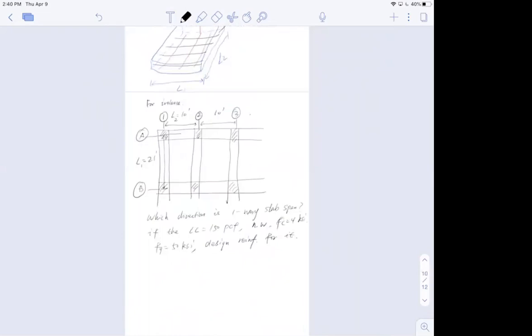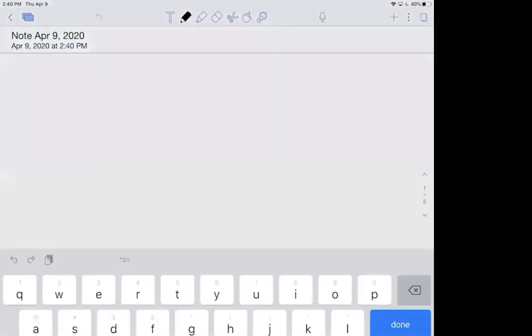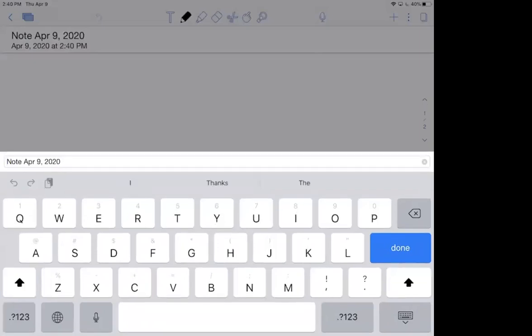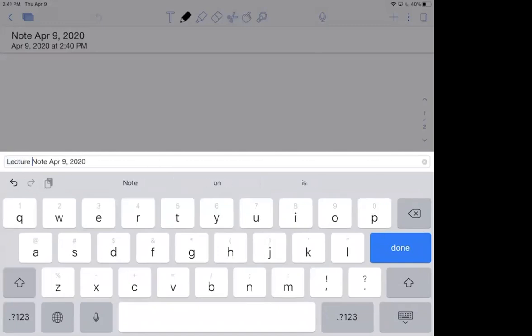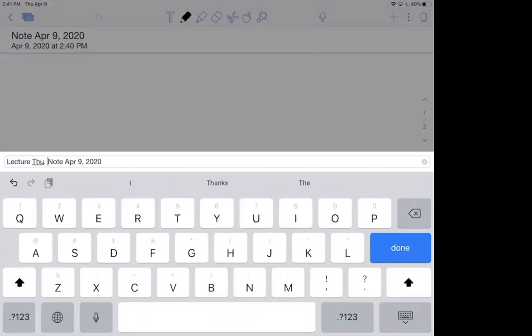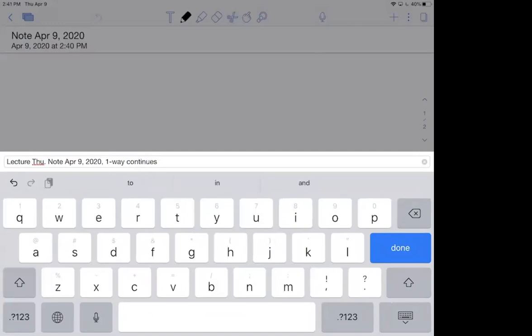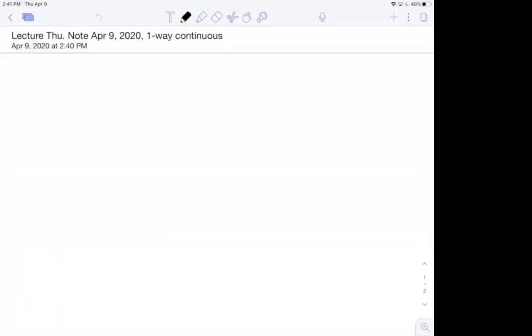All right, now I'm gonna back out a little bit and open a new set of notes. Let me change this to be lecture Thursday, and this is one-way continuous slab.